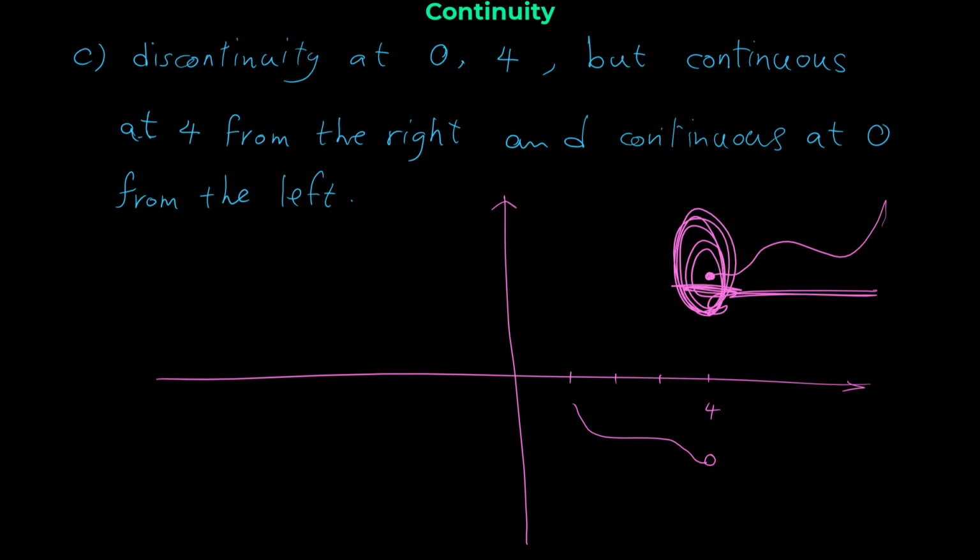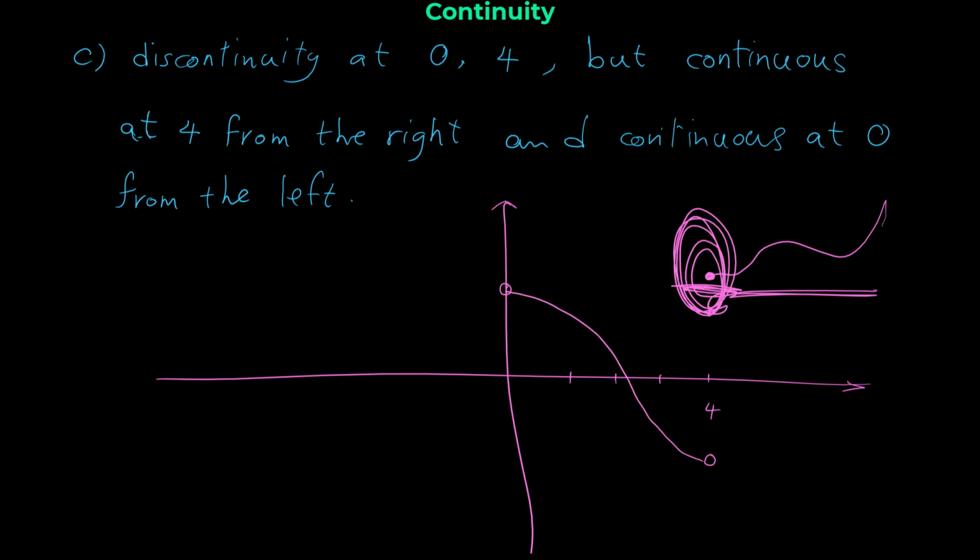So I'm going to put a hole on the y-axis. Let's say we put it here. Then I'm going to connect it to that hole. Let me draw this part again. So something like this.